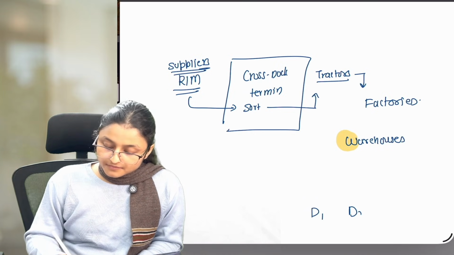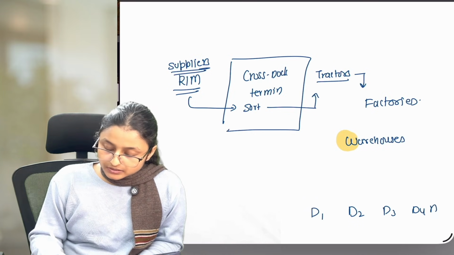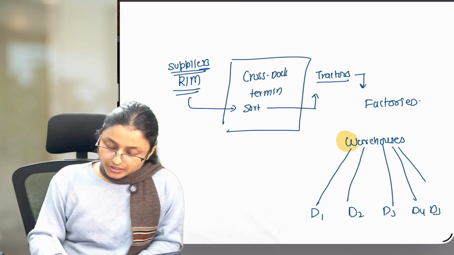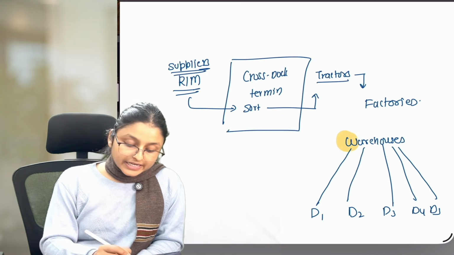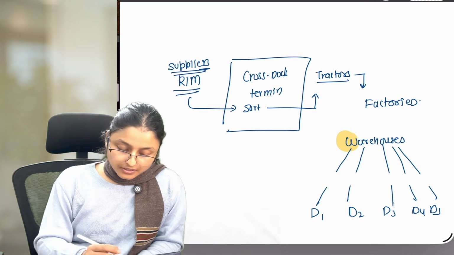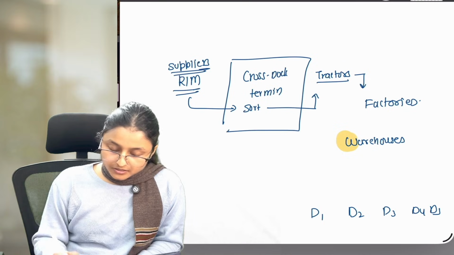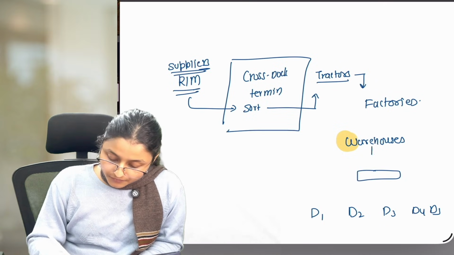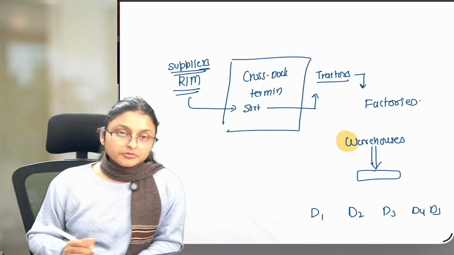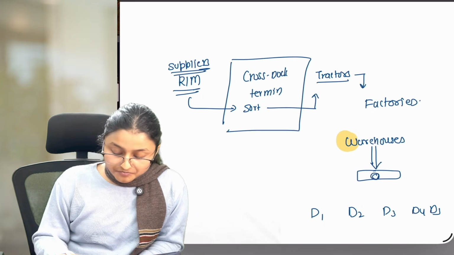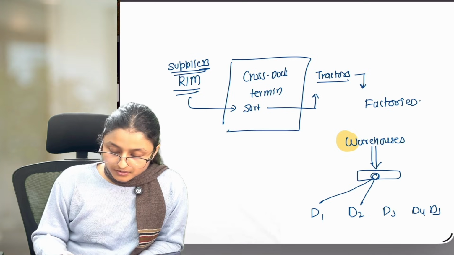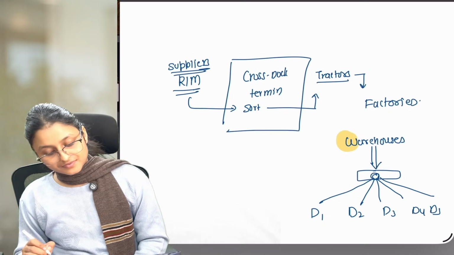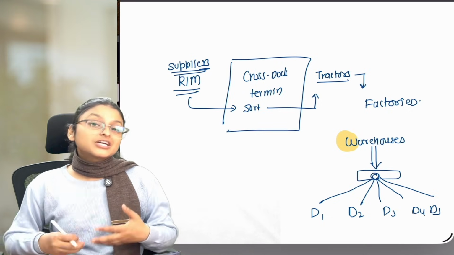Now the first thing I can do is I can provide different tractors who are taking products of different dealers, right? Or else we can use break bulk terminals. Now what break bulk terminals will do? There will be a terminal where this warehouse will send all the products. Now this break bulk terminal will break the bulk or break the quantities for different dealers and send it to them. Through this also we are saving a lot of cost.